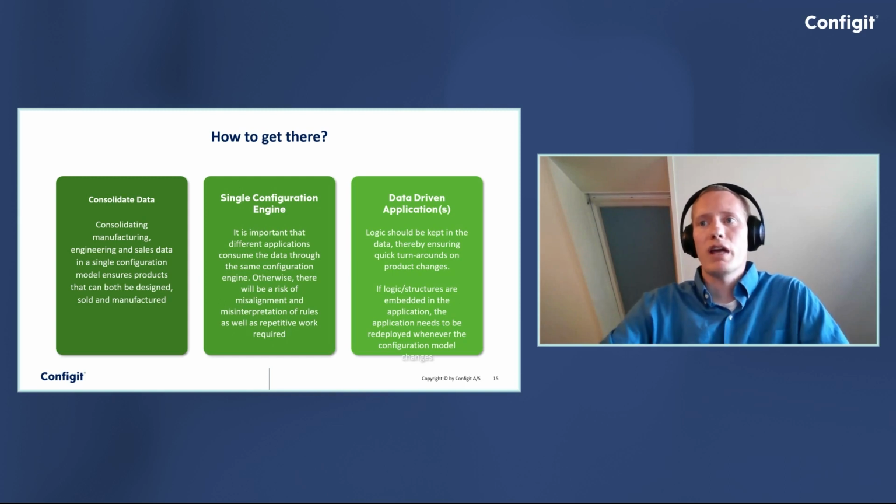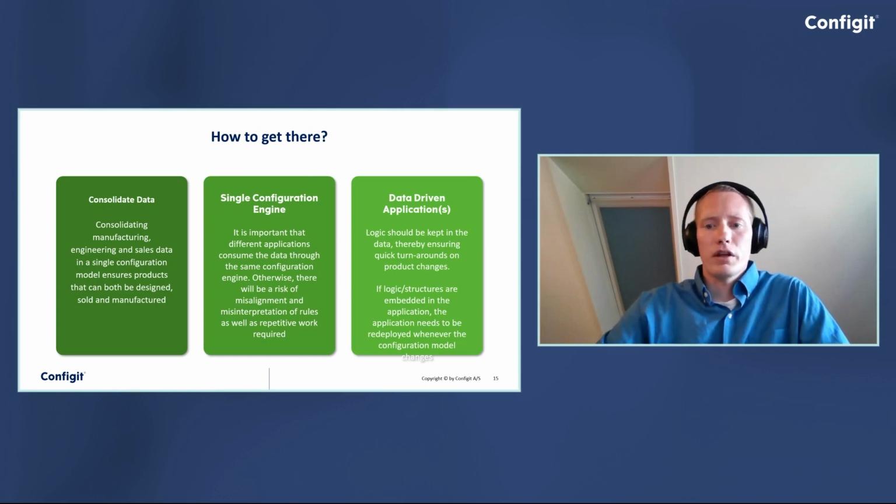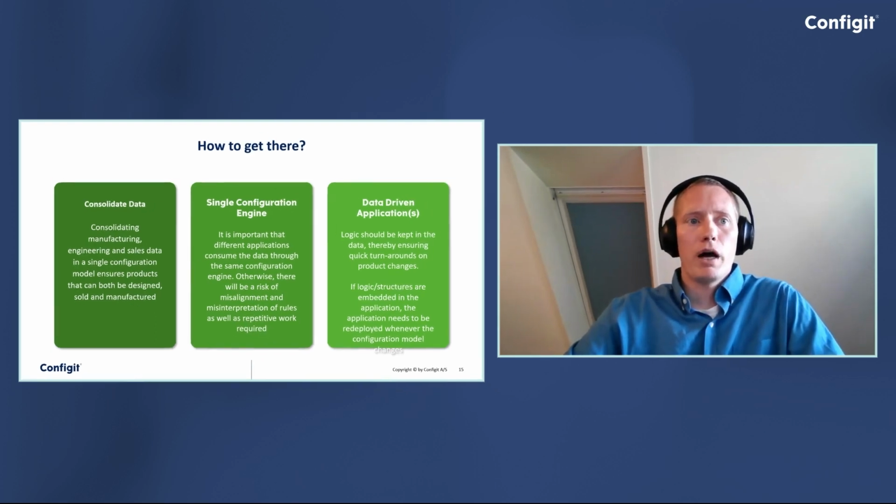Whereas if you had your logic and structures embedded in the application, then you would need to redeploy your application whenever you make a change to the configuration model. And again, that would mean you would fall behind what you're working with on your sales side. So I think that was what I wanted to talk about and what I had in mind for this presentation.